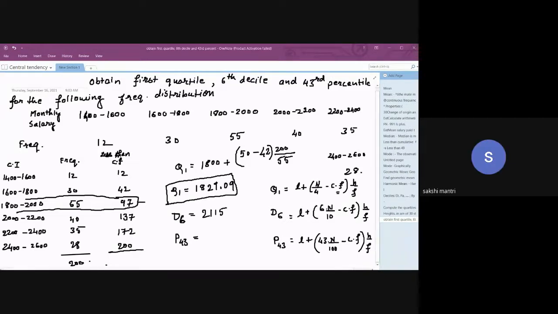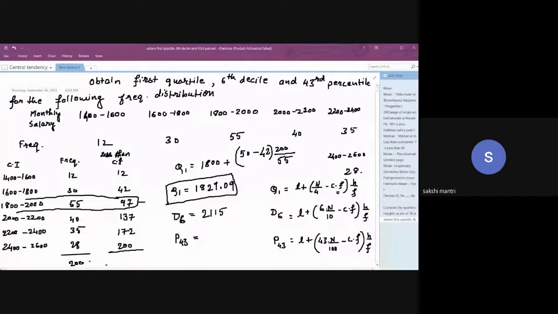Sir, I have a doubt. Yes. For D6, we'll take N by 10, like 200 by 10, that is 20. For quartile 1, we have taken 200 by 4. Yes. So for D6, we'll take 200 by 10.